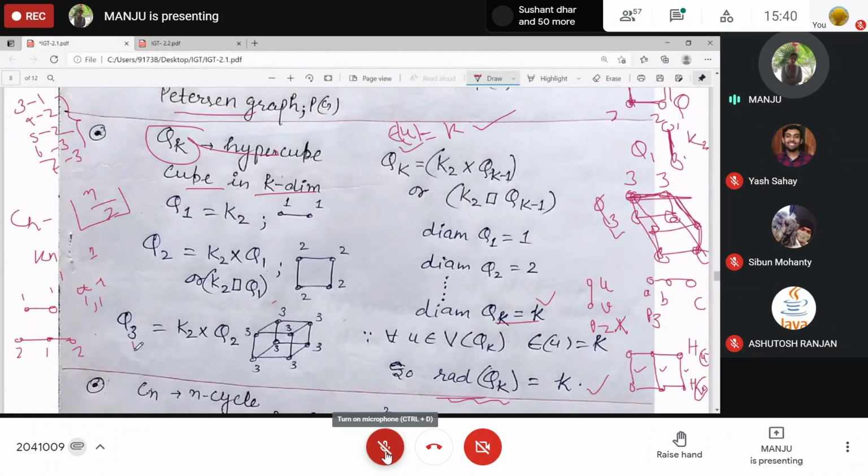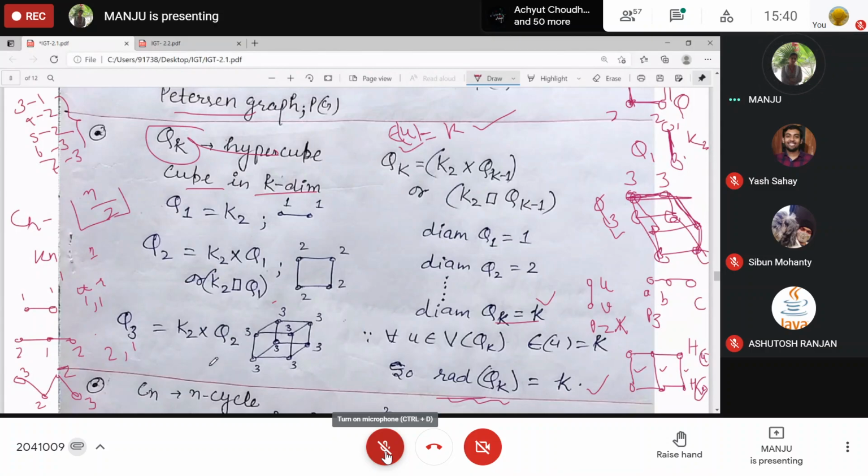So minimum is giving you radius 1 and maximum is giving you diameter 2. Okay. What about P4? This is eccentricity 3, 3, and what is this? And what about this one? 2. This is 1, 1, 2. Then here 1, 1, 2.